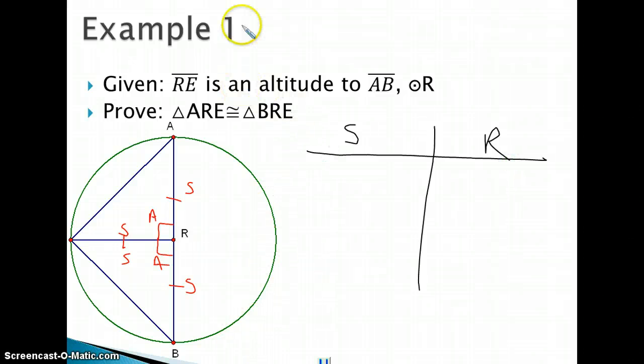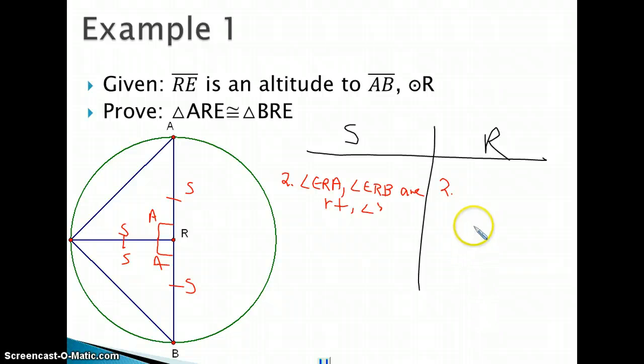So I started off using the altitude, and I said if we have an altitude, then that means that angle ERA and angle ERB are right angles. How did I know that? Well, it was from the given information that I had an altitude.